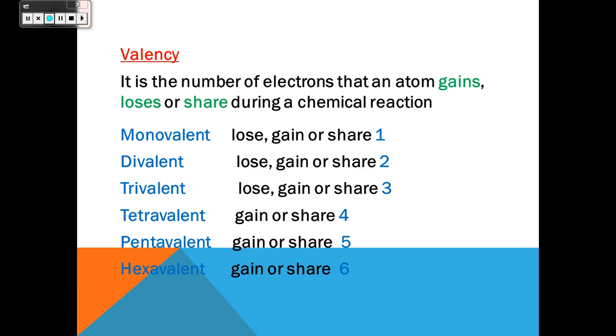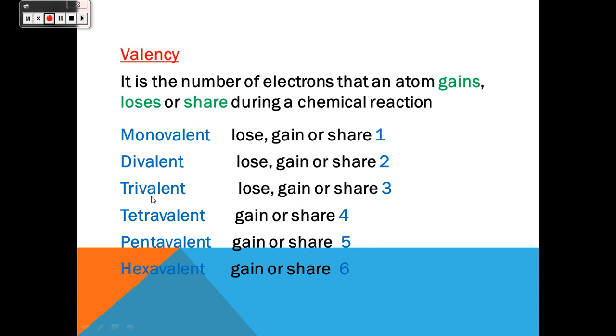The atom that loses or gains or shares one electron, we call it monovalent. And the atom that gains or loses or shares two electrons, we call it divalent, and trivalent for the atom that loses or gains or shares three electrons.